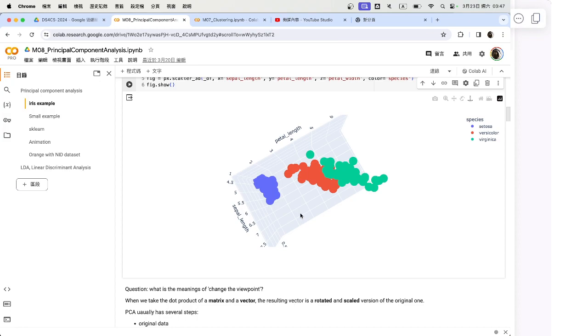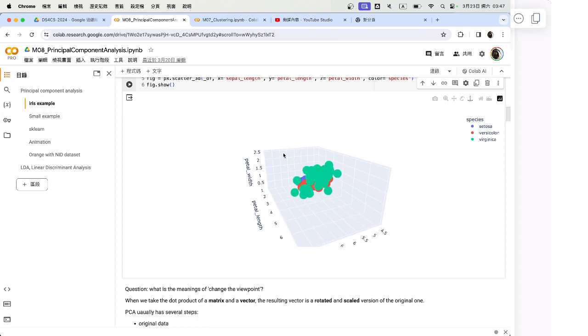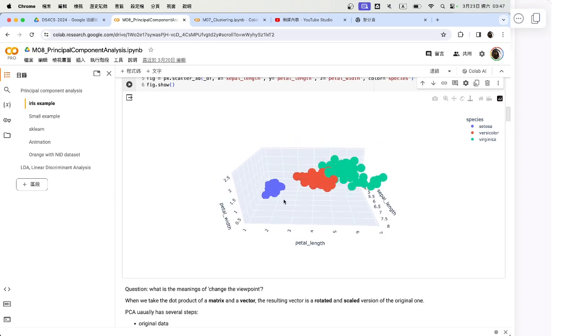So what is the best rotation of viewing this data? Apparently, rotating to this angle is not the best way because all the data points are mixed together, right?